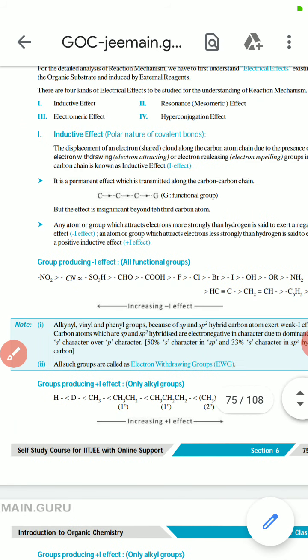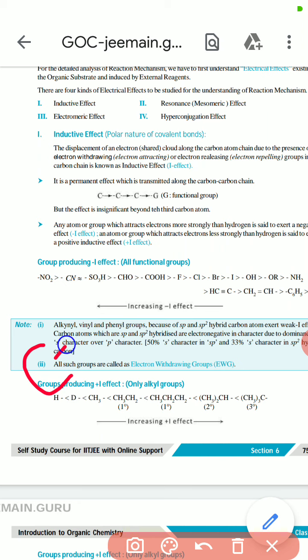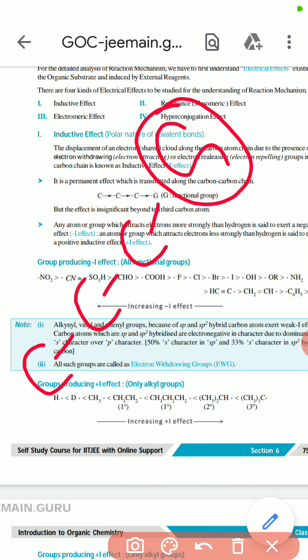Suppose that is our carbon chain, and here a group is attached. That group either releases electrons or repels the electrons of this sigma bond toward this carbon.